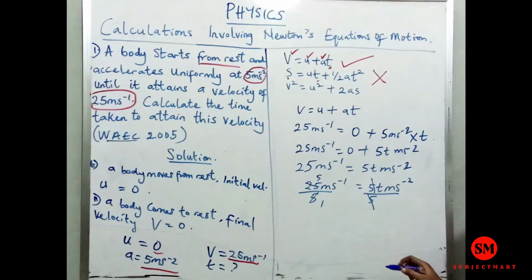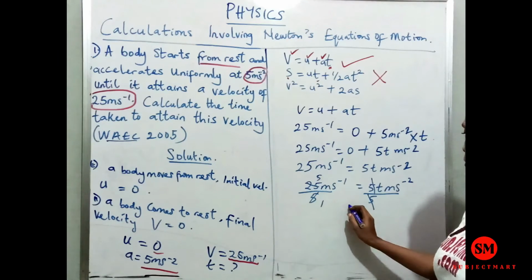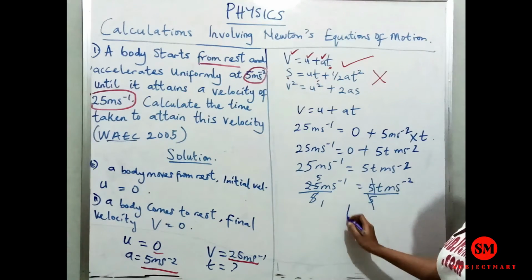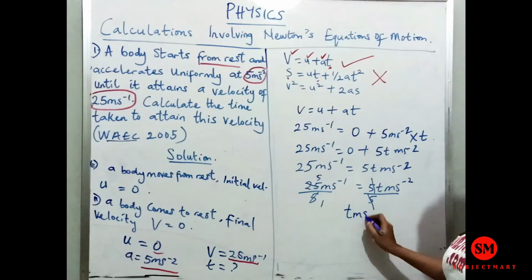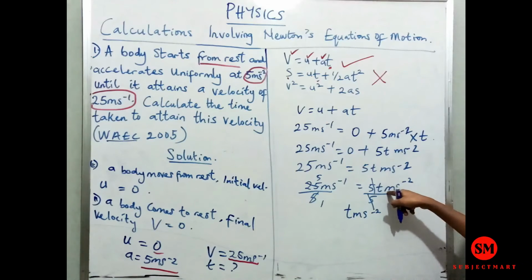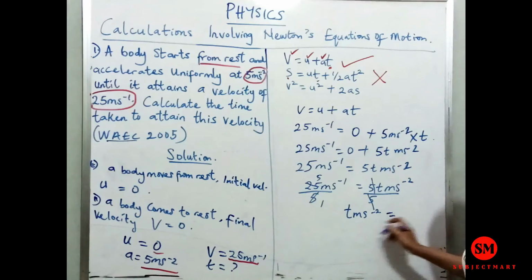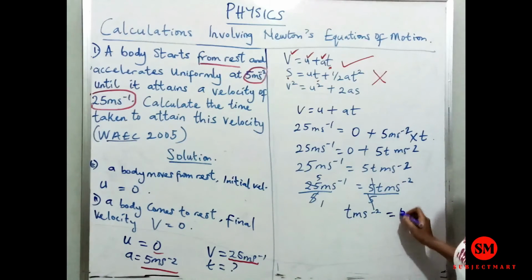So we have t. Of course, the unit is still there. So we have t meter per second squared equals 5 meter per second.